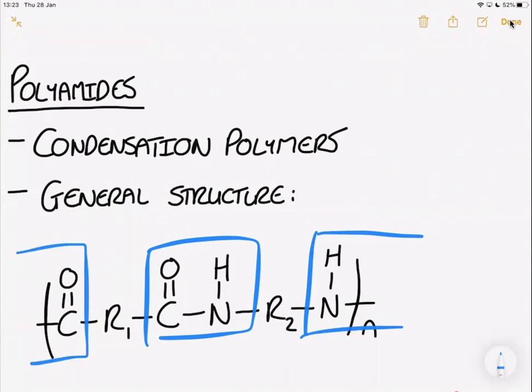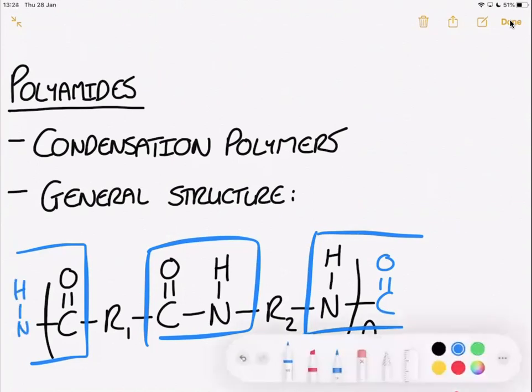Of course, these two sets of functional groups are not connected to each other, but they are connected, for example, this one is connected to another carbonyl group in an adjacent part of the polymer, but we don't draw that because of how polymer diagrams work. You don't draw everything in the polymer because polymers are massive, and so you only draw a small subsection. But it's the same logic over here. There would be an NH in an adjacent part of the polymer over there as well.